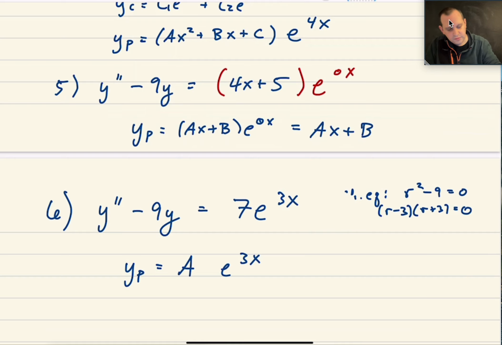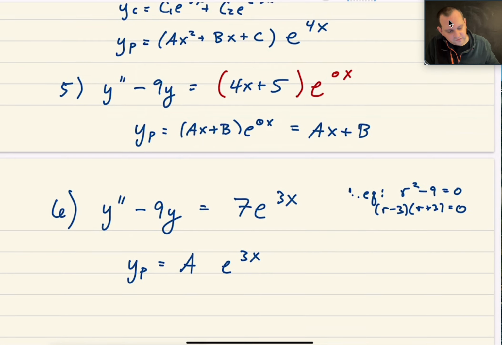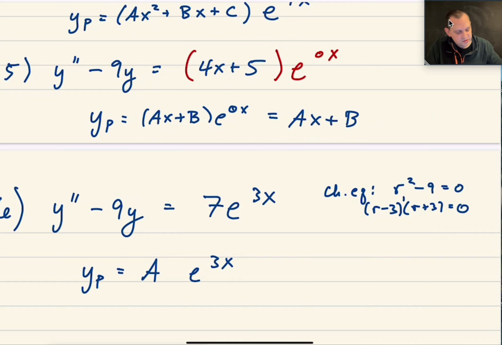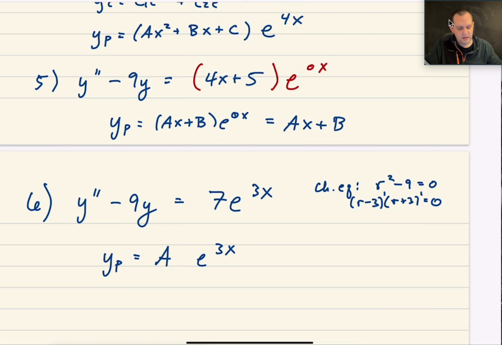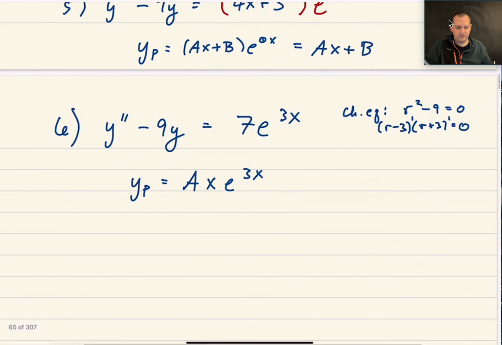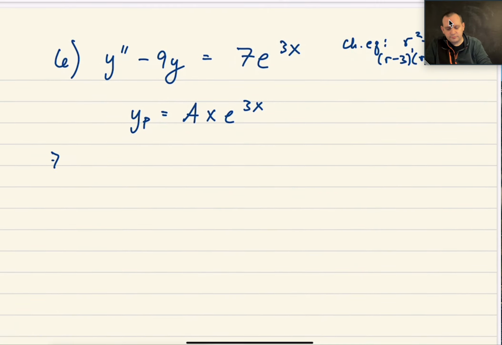And so if we look at this equation, the reason why I say that they're to the first is that the exponent is what's called the multiplicity. And what that means for us is that we only have to put an x to the first in front for a particular solution. So this would be ax e to the 3x. Okay, and that's how the particular solution would look there.